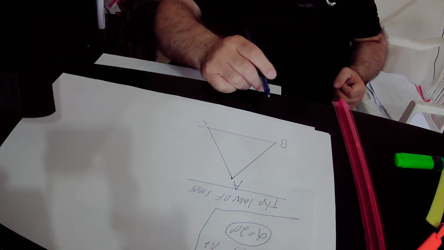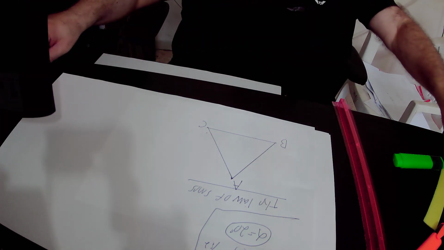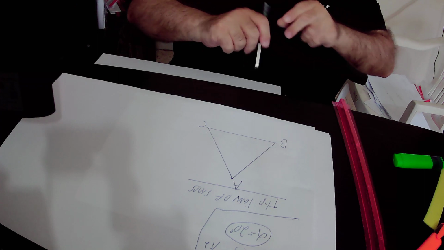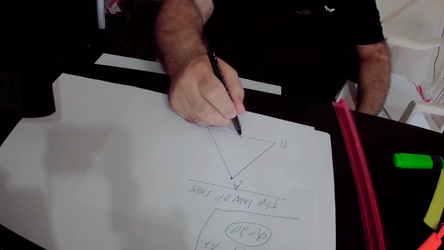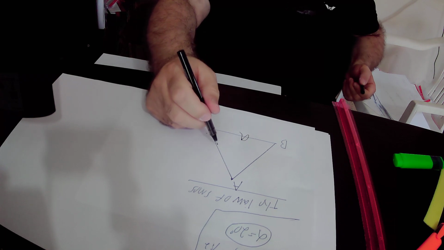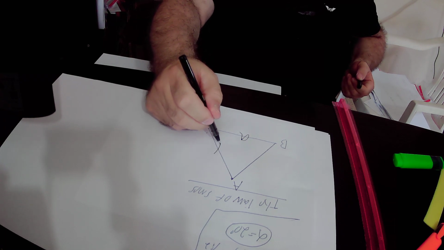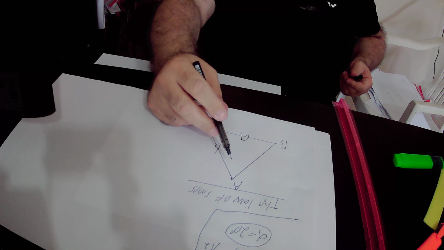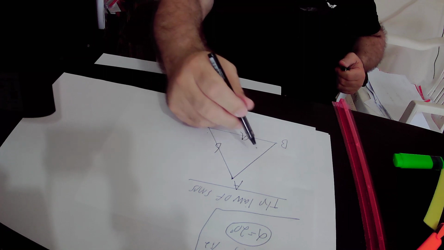The length of side BC is equal to A units. The length of side AC is B units. And side AB equals C units in its length.